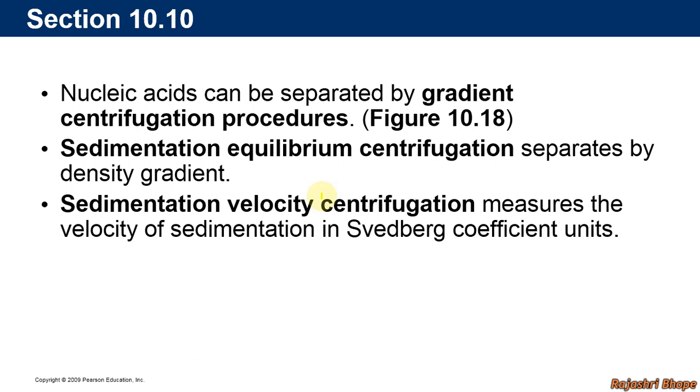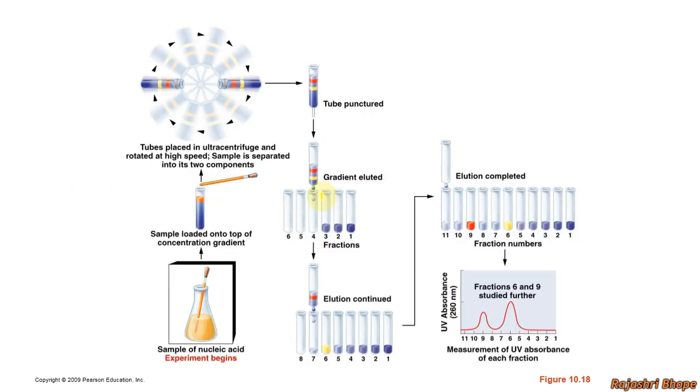Sedimentation equilibrium centrifugation separates by density gradient, and sedimentation velocity centrifugation measures velocity of sedimentation in Svedberg coefficient units. Now this is the picture of density gradient centrifugation. This is the first stage.